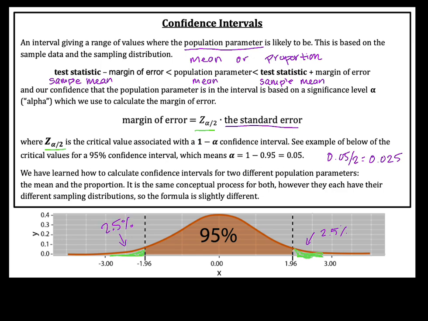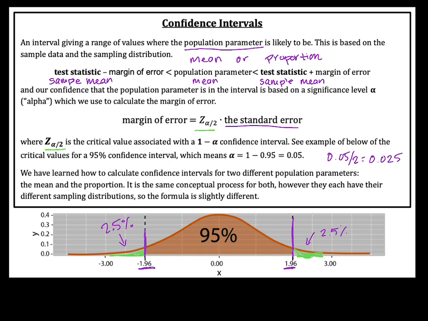So that's why when we do confidence intervals, the notation is the z-score associated with alpha divided by 2, because we're looking for this z-score here that has 2.5% of the distribution to the left of it, and this z-score here that has 2.5% of the distribution to the right of it.